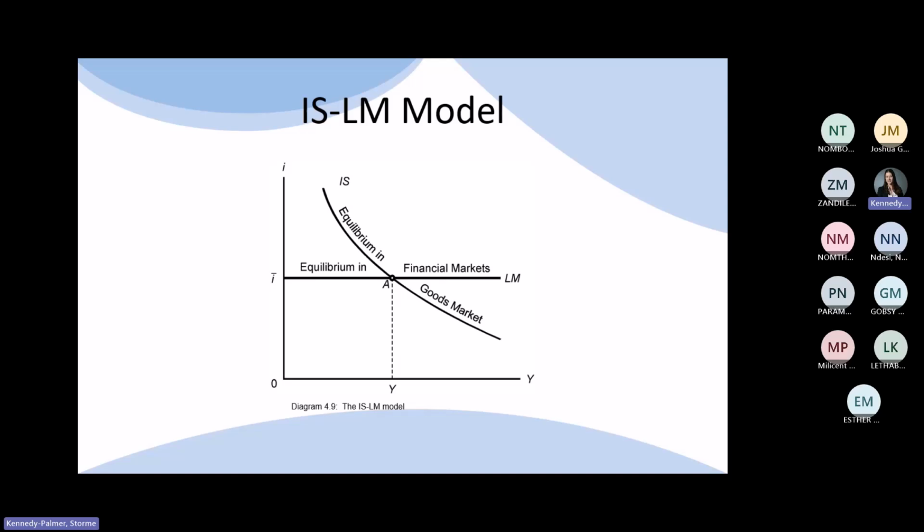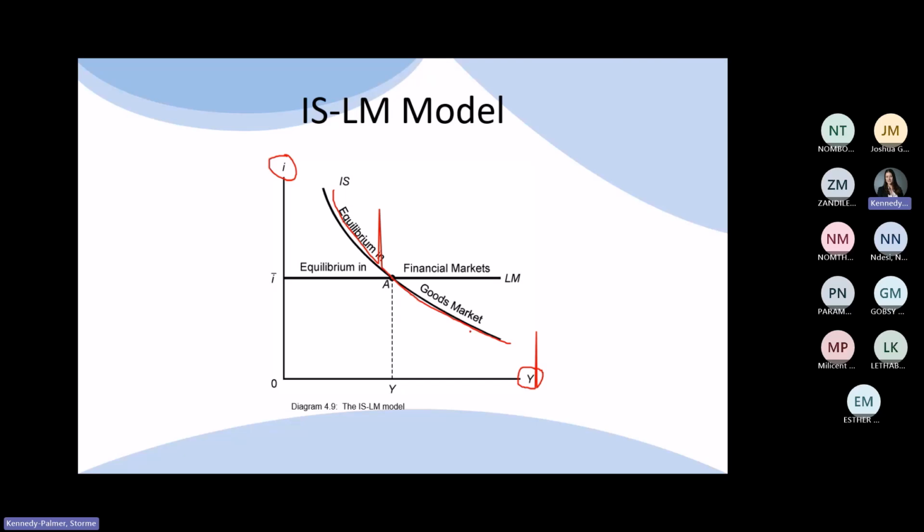This should look familiar to you. So this is the IS-LM model that we derived in Learning Unit 4. Remember, and let me try and use my highlighter here. Okay, so the IS curve is downward sloping, and it shows the relationship between interest rates and the level of output and income, Y, where the goods market is in equilibrium.